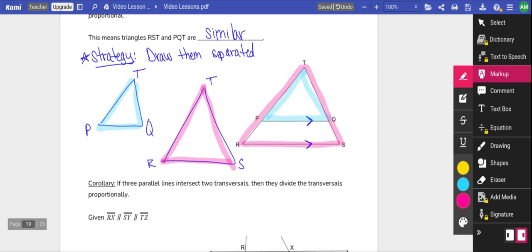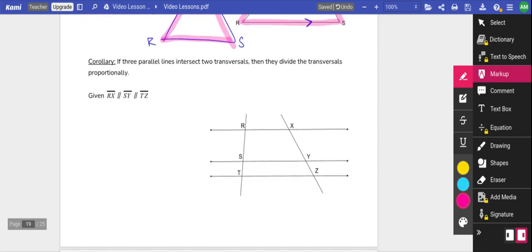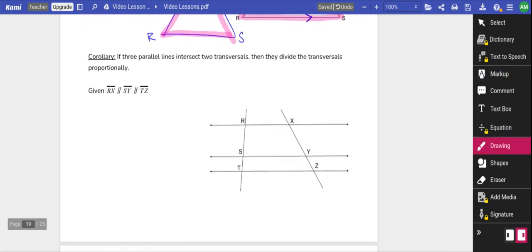Now, there is a corollary to this theorem. The corollary is that if three parallel lines intersect two transversals, then they divide the transversals proportionally. So I'm given that RX is parallel to SY, which is parallel to TZ.